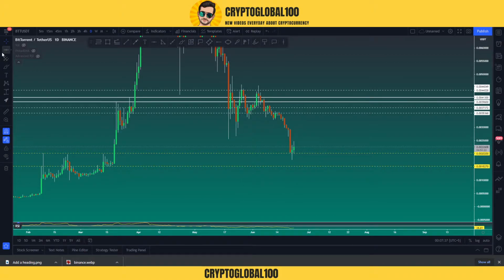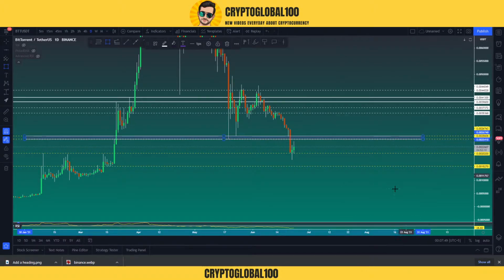Now where is the resistance? That is the main question. This is the resistance area. If we name it here, these two levels are the resistance areas. I'm gonna mark and draw a rectangle, and this is the area of resistance right now.